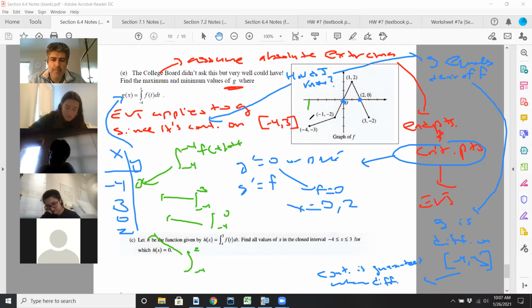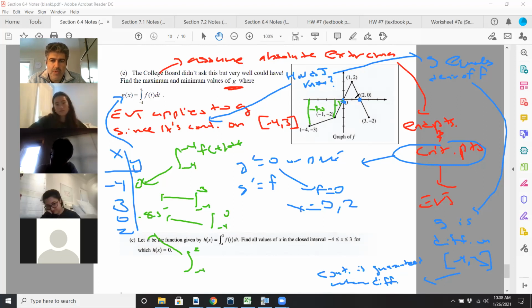If I do all this area here, I know this part is -7.5. That's going to be 2 times 1, so it's going to be -1, so that's -8.5, because you have another right triangle there.